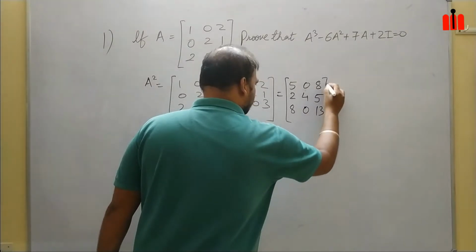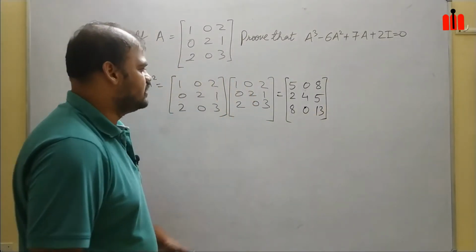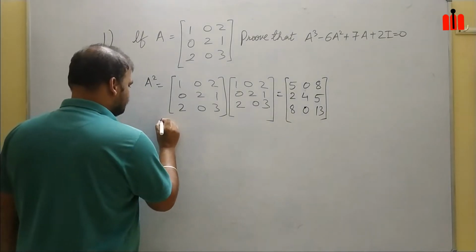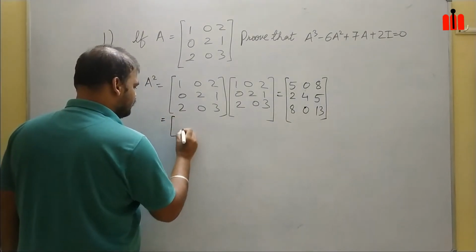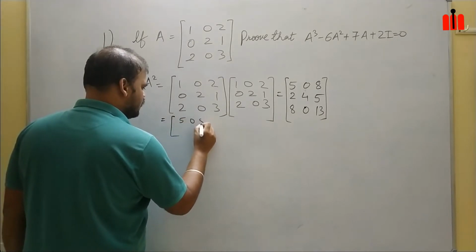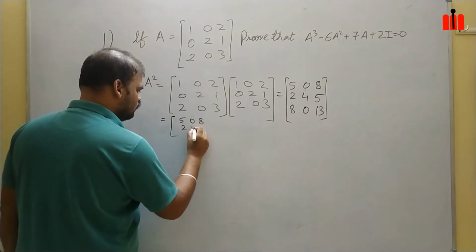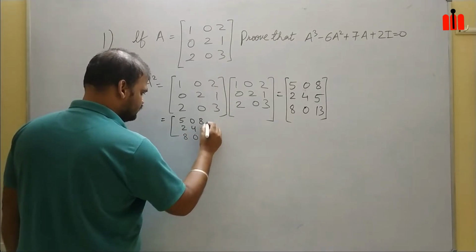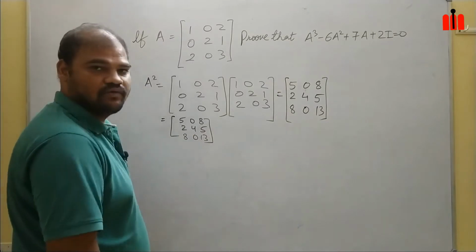So it will be 13. So this will be my A square. Okay. So I will write here my A square will be [5 0 8; 2 4 5; 8 0 13]. This will be my A square.